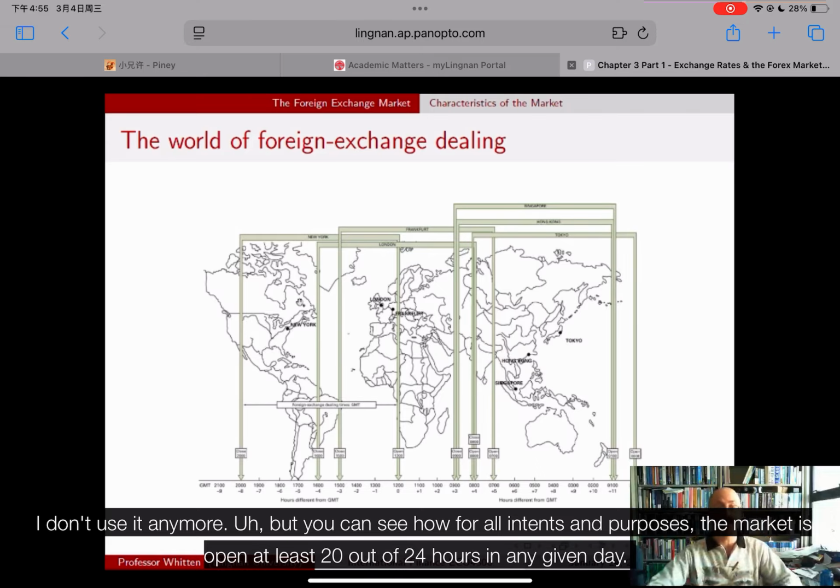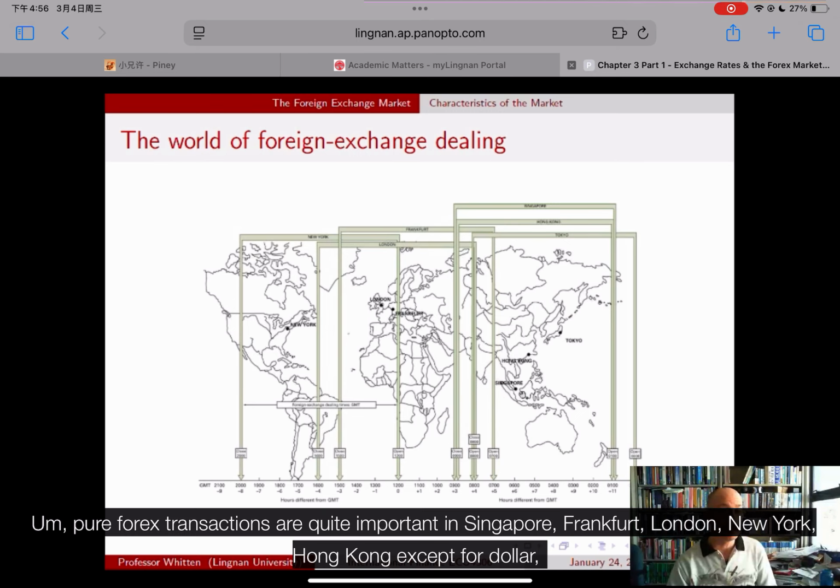This graphic is from a book that I used to use. I don't use it anymore. But you can see how, for all intents and purposes, the market is open at least 20 out of 24 hours in any given day. Pure Forex transactions are quite important in Singapore, Frankfurt, London, New York.